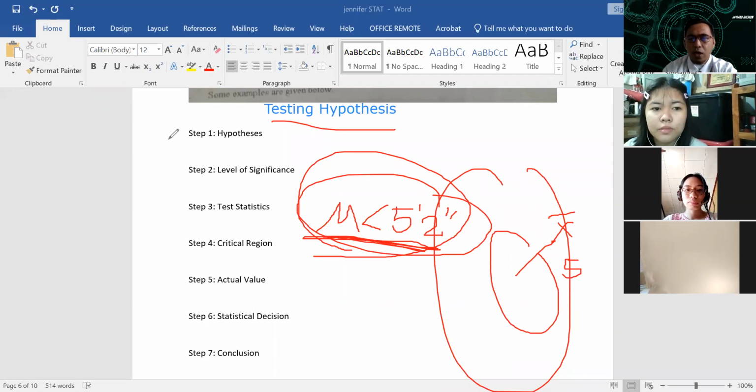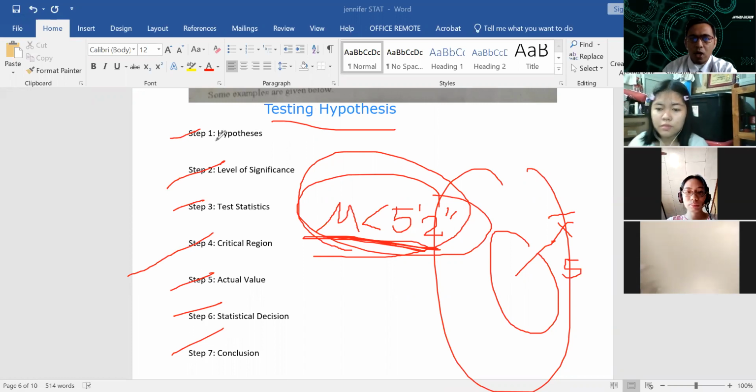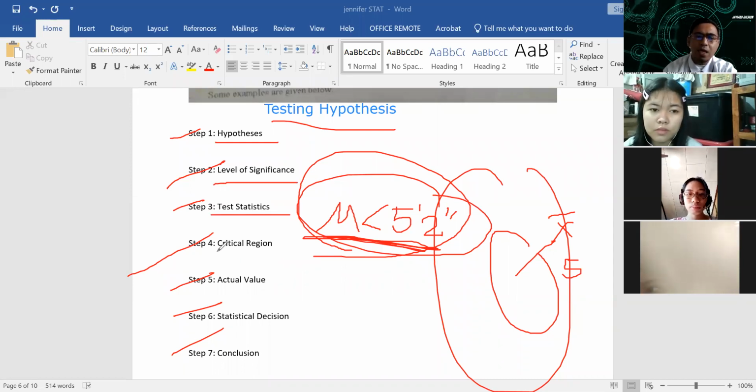For some books, they are just using 5 steps. For us, since gusto natin detailed kayo, we will use step 1, 2, 3, 4, 5, 6, 7. Himay-himayon na ito na unya, unsaon na pag-plaster ng hypothesis, unsaon na pag-plaster ng level of significance, unsa ng statistical test statistics, critical region, actual value, and statistical decision, and of course the conclusion.